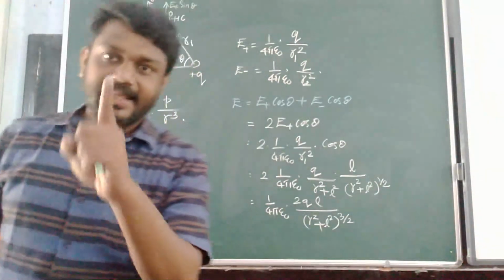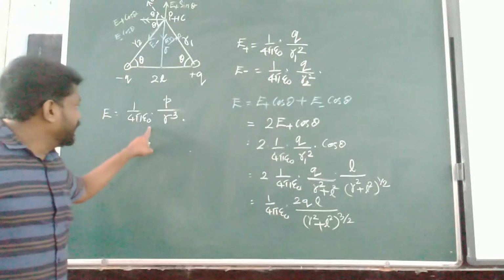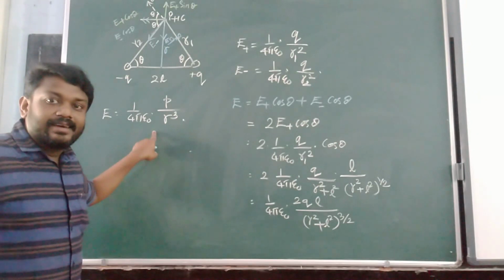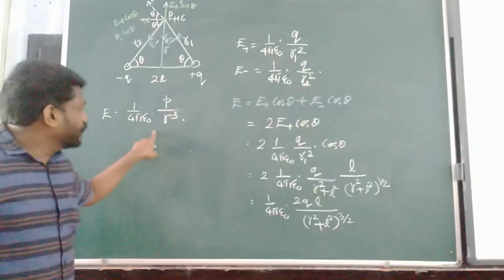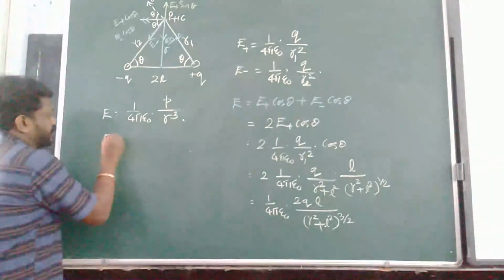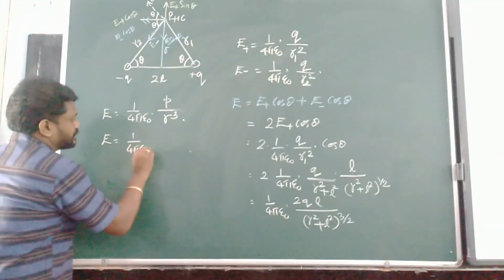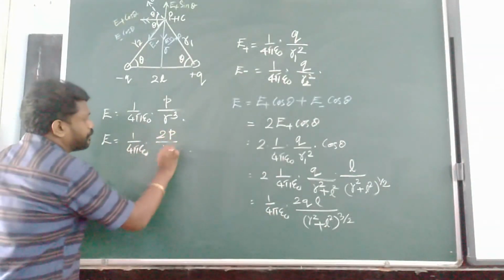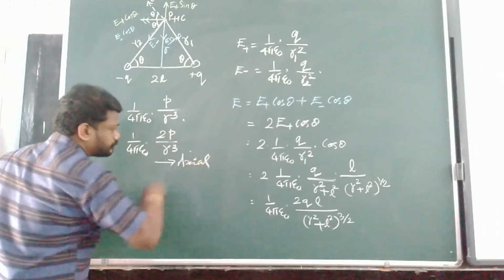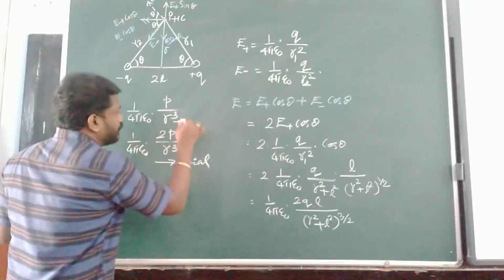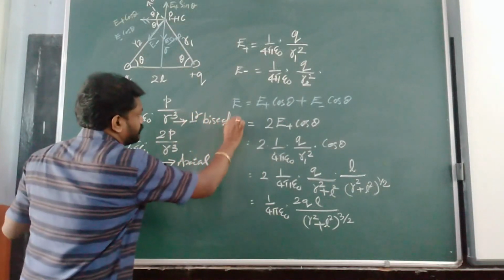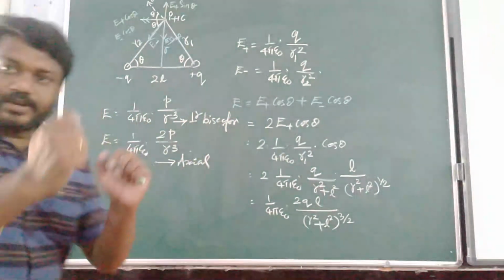That is the electric field intensity due to a dipole along its equatorial point. So along the axial point, the magnitude E will be 1 by 4 pi epsilon 0 2P divided by R cube. This is along axial point, and this is along perpendicular bisector, that means equatorial point.